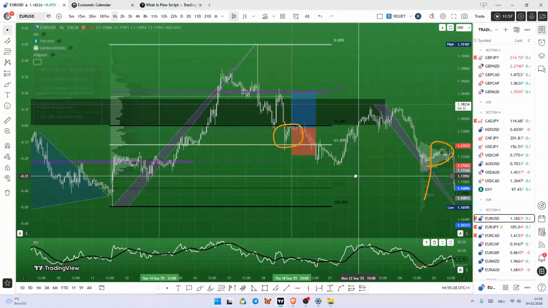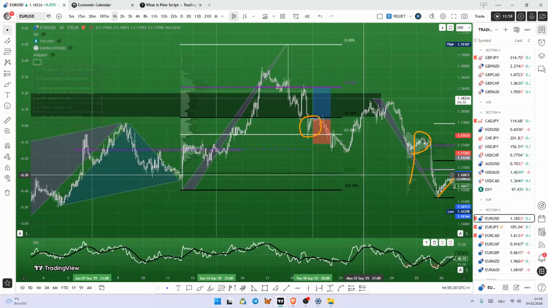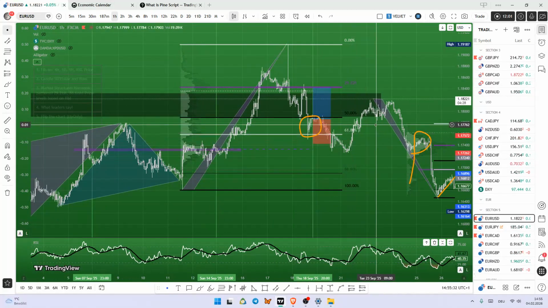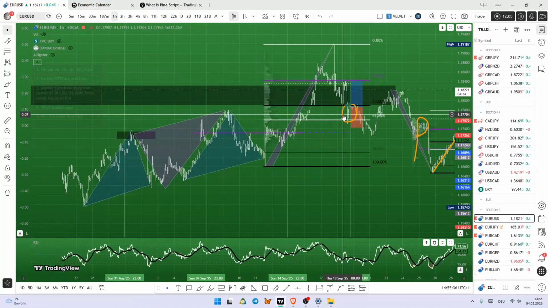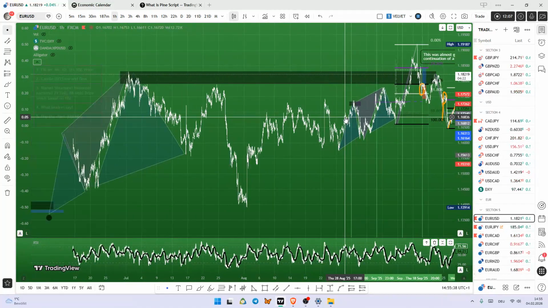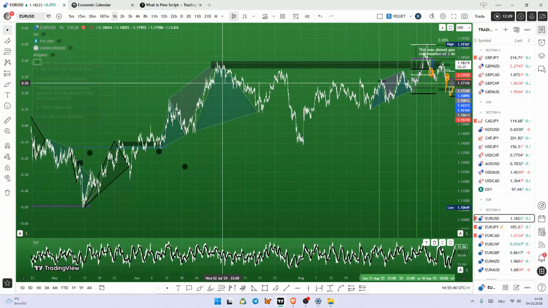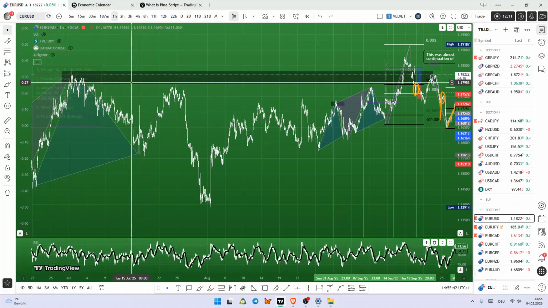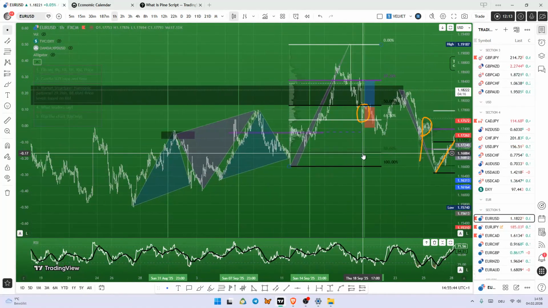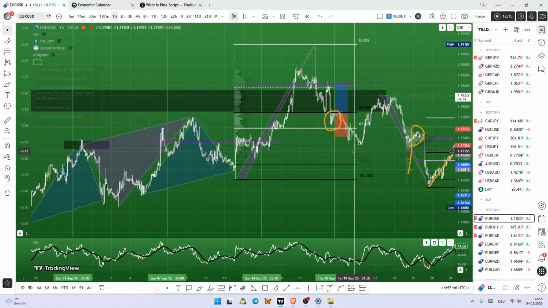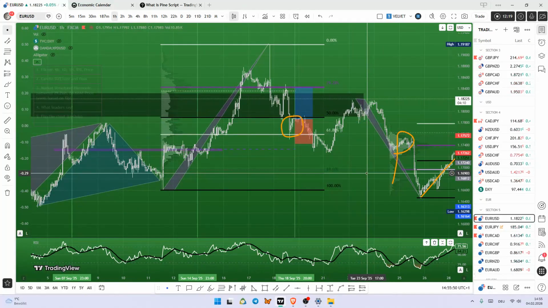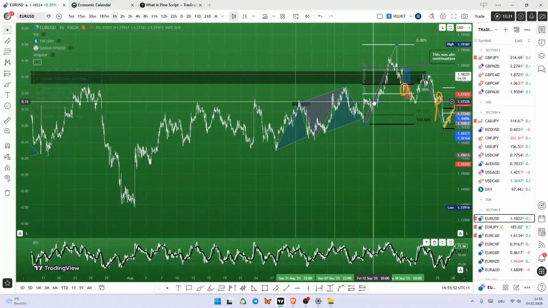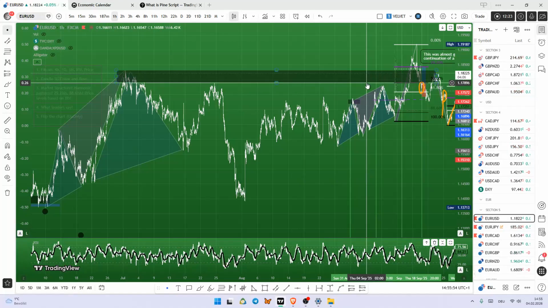So the case study is such: the trend continued, and then what is this? A huge black zone, almost. Huge black level. And the price reacted from it. Yeah, a previous high.